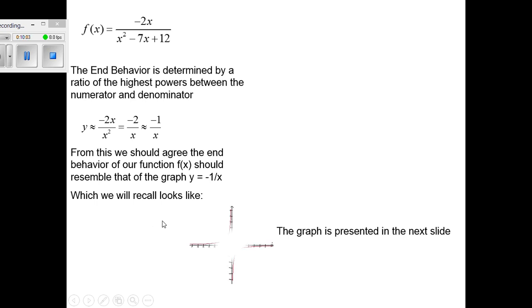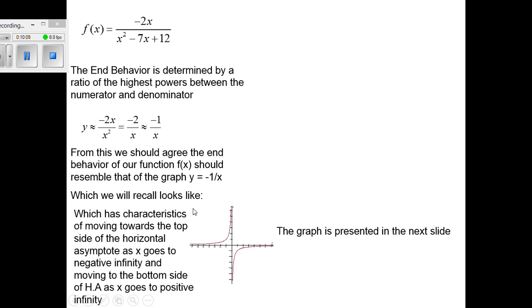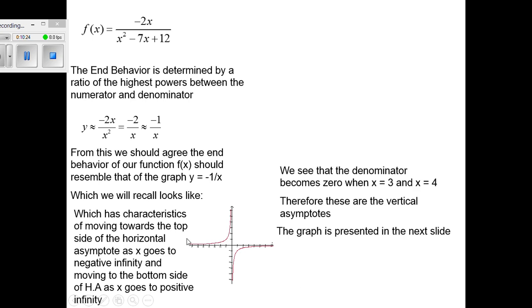And so there's a little refresher on that. Now, more specifically, I said it was going to behave like negative 1 over x, which means it looks like it's approaching 0 from the bottom side, moving towards positive infinity, and from the top side, moving towards negative infinity.